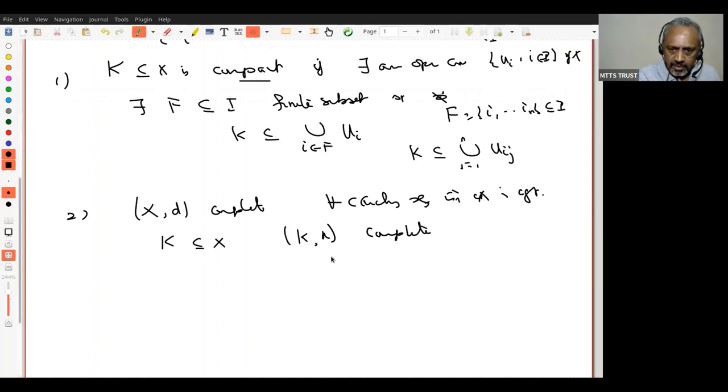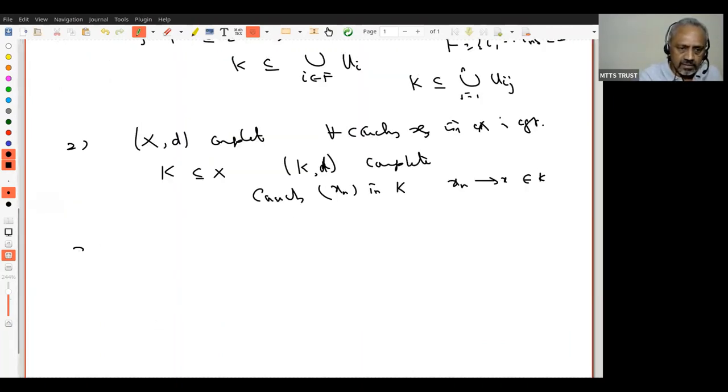What does that mean? Give me a sequence x_n which is Cauchy in K, and then x_n converges to x. But this x must be in K, because convergent means it should converge in that set. This is (K, d).